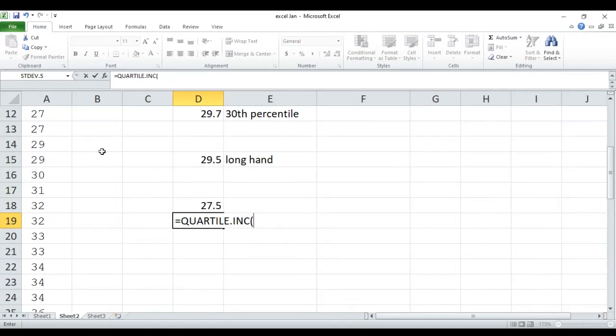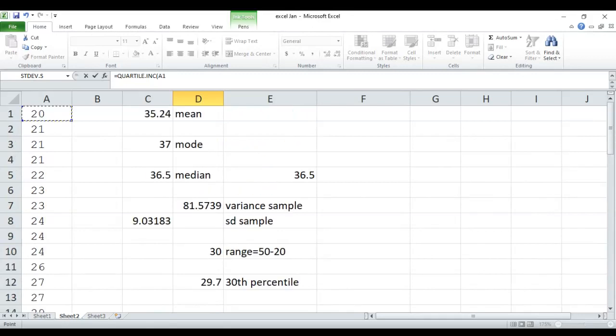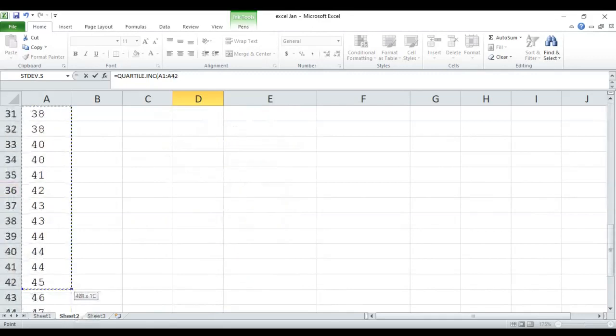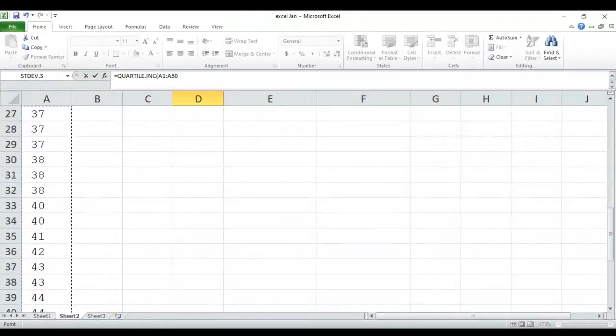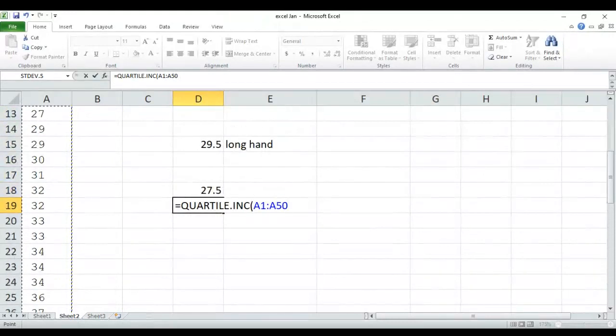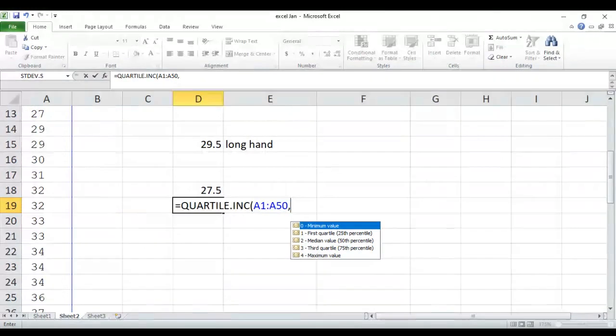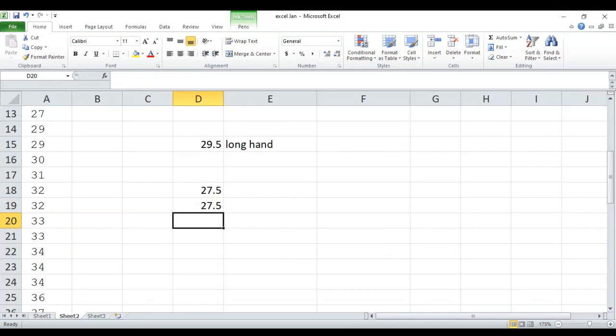or we could do quartiles, including, take all our numbers, and we use a 1 because we want the first quartile. If you look at what they're telling you to type right here, it says 1 is the first quartile or 25%. So if you use the quartile command, you just press 1 and we'll get the same answer.